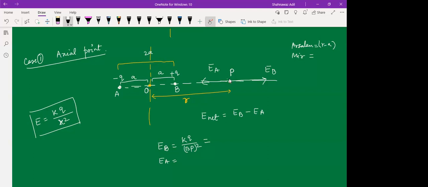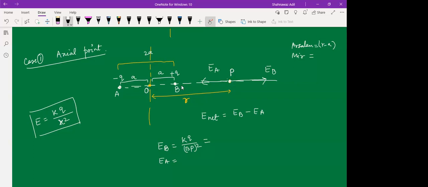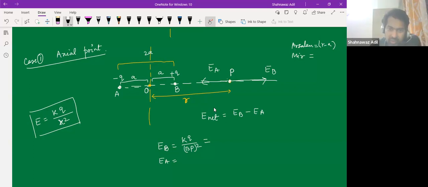P minus B, sir? Okay, P is a point, right? You want to calculate the distance. So think about this. R is this distance, the total distance.